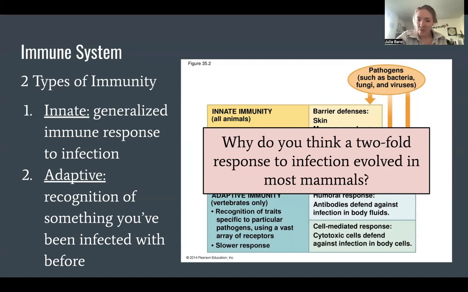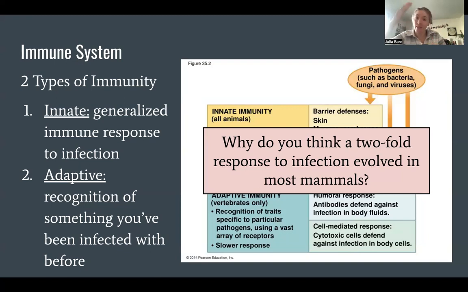If you said anything related to the idea that you can be more efficient at defending against an infection if you already know what the infection is, then that's a great way to respond to this question, because your skin and certain immune cells can only do so much.